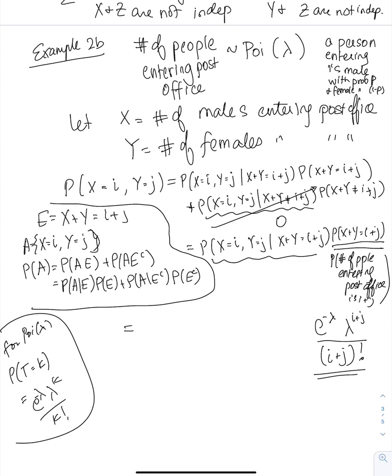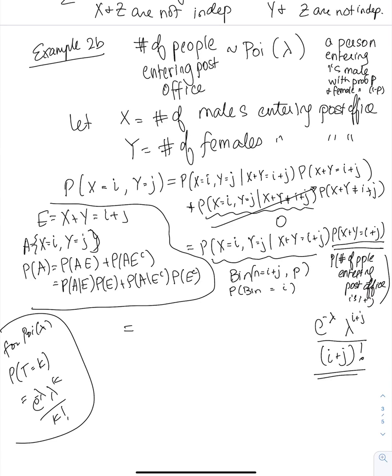This will just be like a binomial random variable with n equals i plus j, and probability p, which is the same as the probability of being male. You're asking what's the probability this binomial random variable equals i.